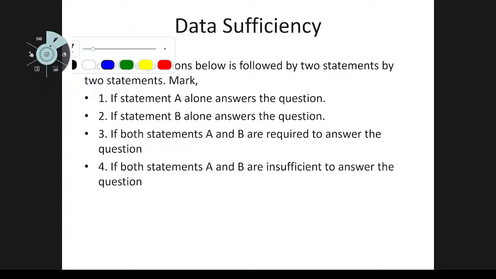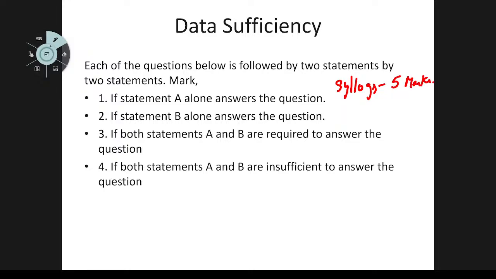So in the last session, two days ago, I did some questions on syllogism. Syllogisms we have already completed, and it consists of 5 marks.